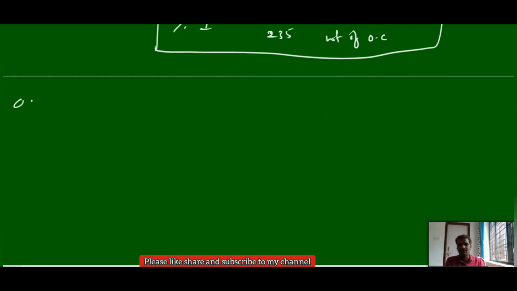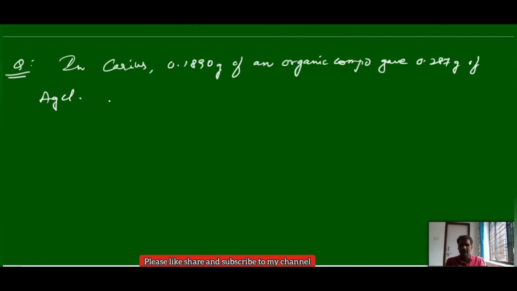Let us see one question here. In the Carius method, calculate the percentage of chlorine in an organic compound.